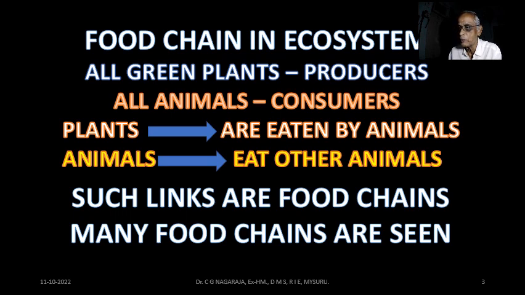They consume. Animals cannot prepare food, but one animal may become food for the other animal. So plants are eaten by animals to begin with. Animals eat other animals. So look at this beautiful nature.